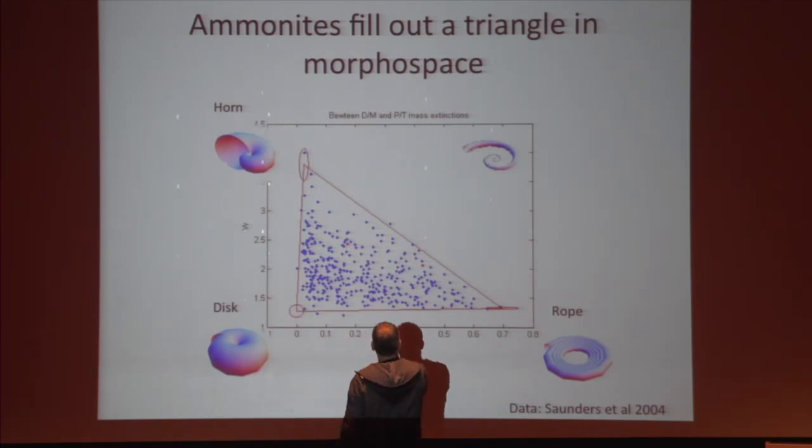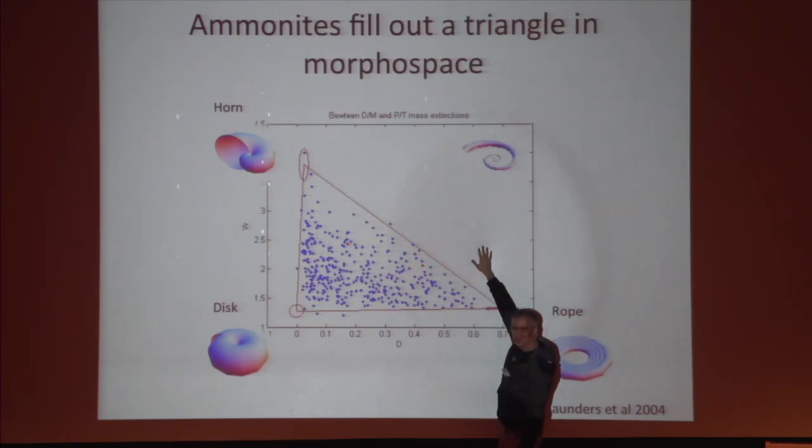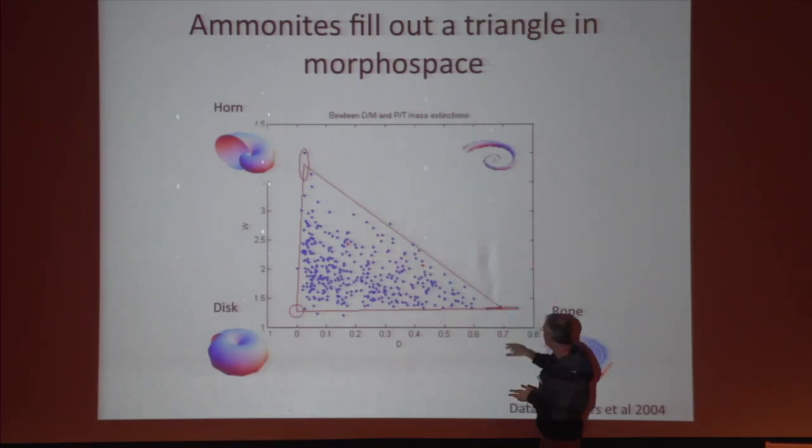And you can see that half of morphospace is empty, this region. It's certainly feasible. There are species that live there. They're open kind of things, but they're not ammonites. And I drew here the archetypes that you can infer that look like a rope, a disc, and a horn.